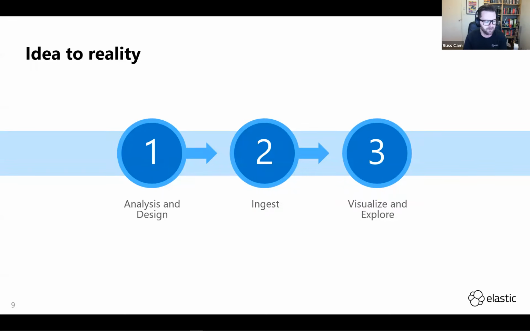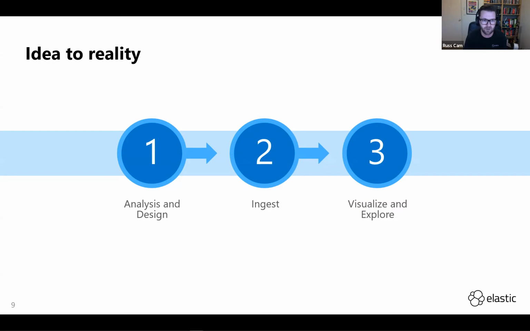The first thing we need to do is take a look at the data itself. We need to see what fields are available and how they're formatted in those XML files, and start to formulate an idea about how we're going to model that data in order to serve our search and aggregation needs. Then once we've done that, we can decide how we're going to get the data into Elasticsearch.